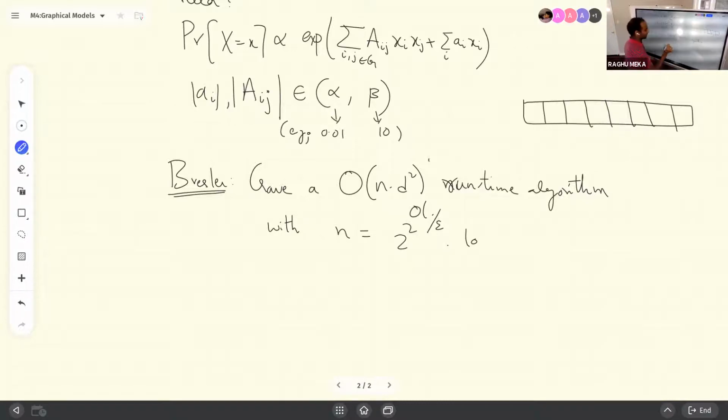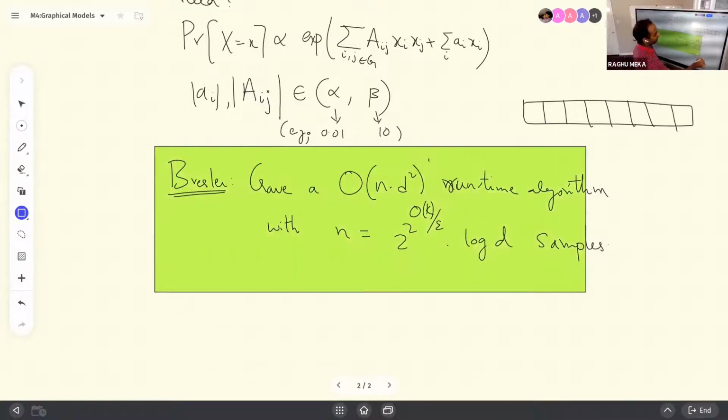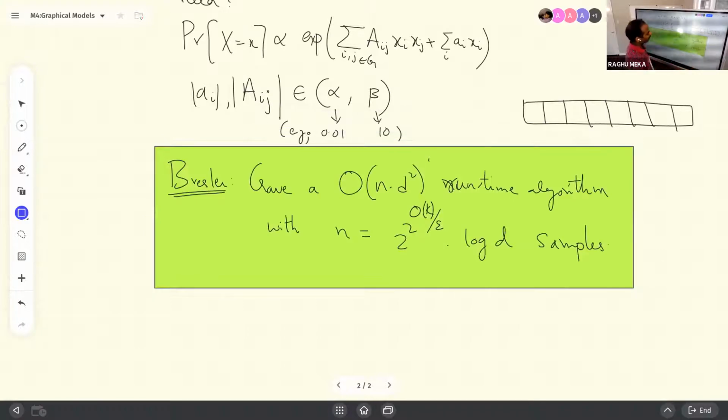Doubly exponential in d is definitely not interesting. So designing an efficient algorithm for Ising models or Boltzmann machines was open for a long time, and then Bresler gave a quadratic time algorithm. So you just have to run in time d squared, and the number of samples is still logarithmic in d, which is what we were expecting from the statistical results.